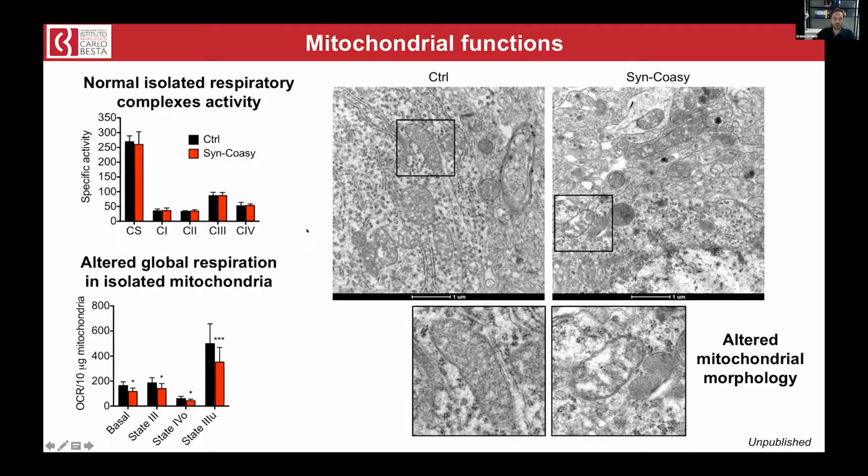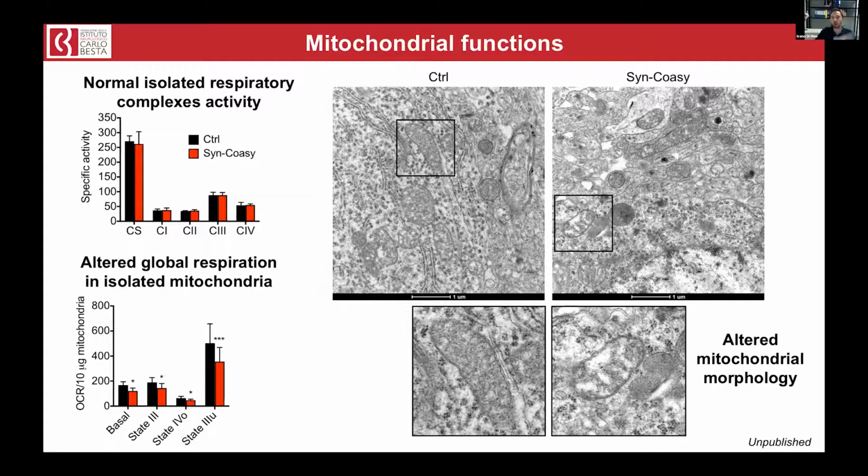We didn't find alteration of the single complexes activity of the respiratory chain, but we found a global alteration of cellular respiration by analyzing the OCR, the oxygen consumption, giving to the brain isolated mitochondria as substrate pyruvate and malate.